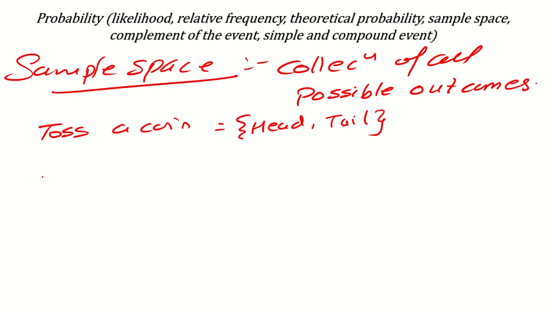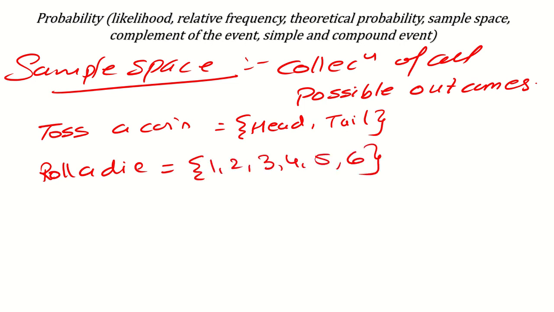Similarly, if you roll a die, how many surfaces can you have? 1, 2, 3, 4, 5 and 6. Any one of the 6 faces. So the total number of elements in the sample space will be 6. Now similarly, if you toss a coin 2 times, what can happen?